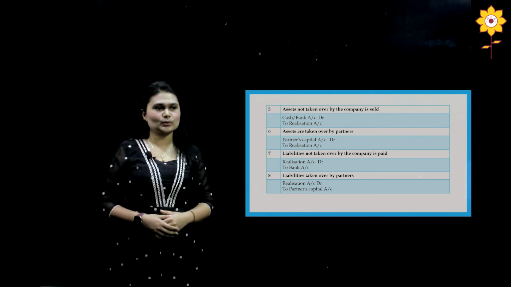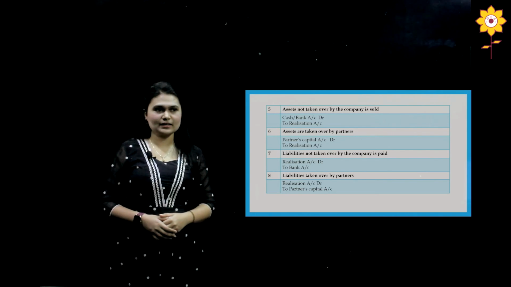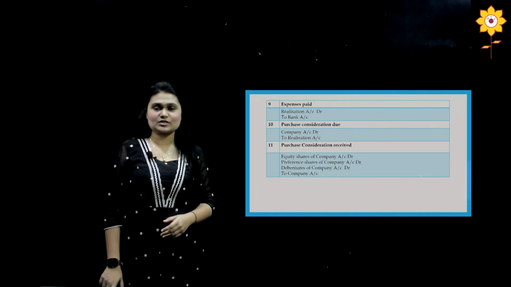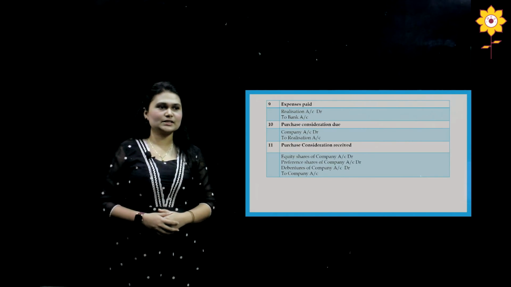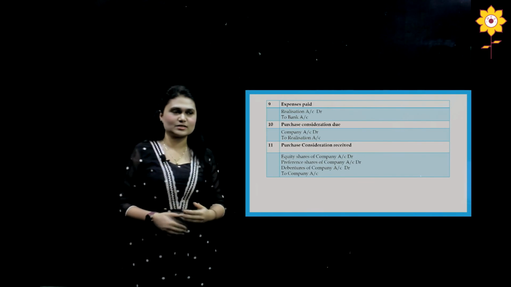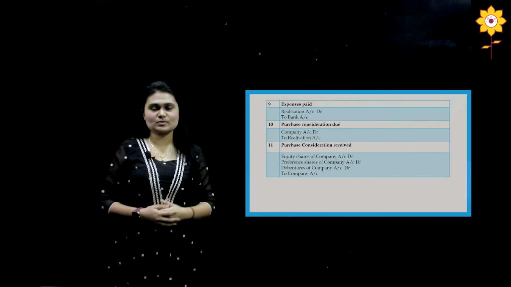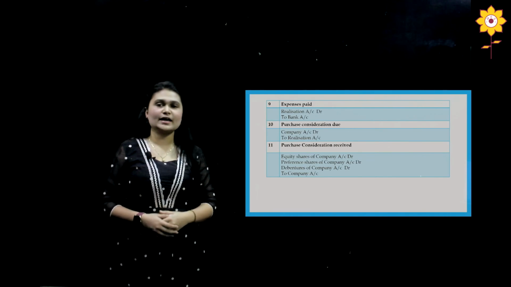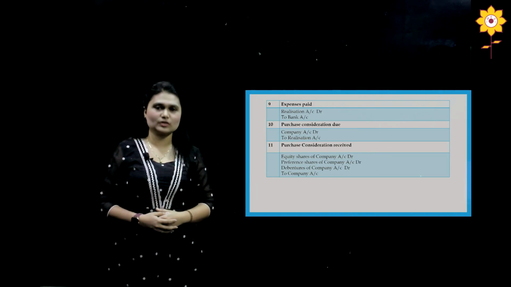Then liabilities taken over by the company are paid. Then liabilities taken over by partners. Then expenses paid. Then company's purchase consideration due, then purchase consideration received. As per all the adjustments which are given while converting a partnership firm into a limited company, you need to pass all the journal entries.